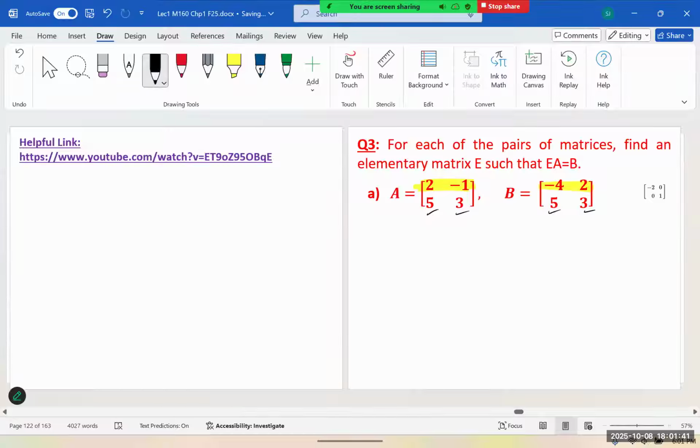So we need to change our row 1. What can we do in A so that it turns into B? Ashif. Negative 2 R1. So we are going to apply the same thing on the identity matrix. We have 1, 0, 0, 1.